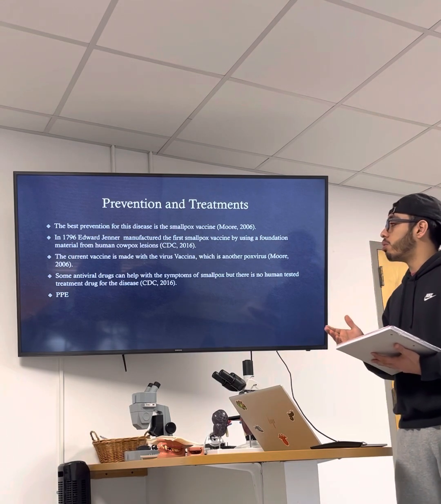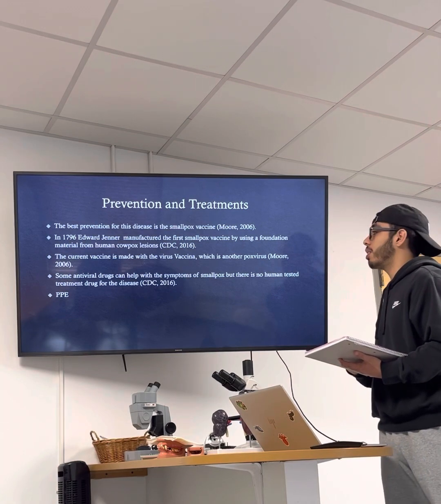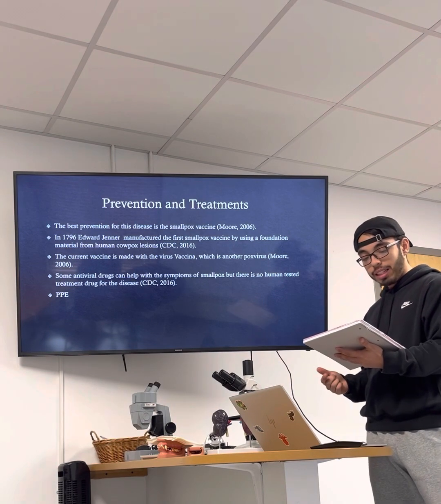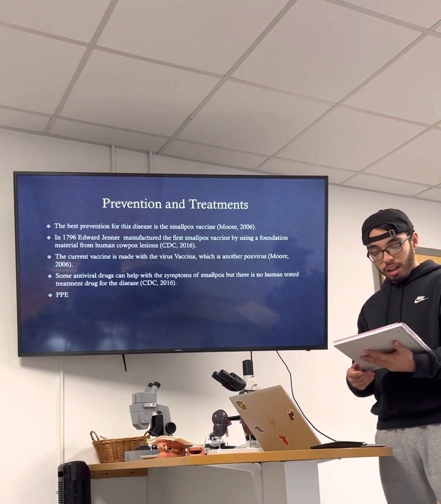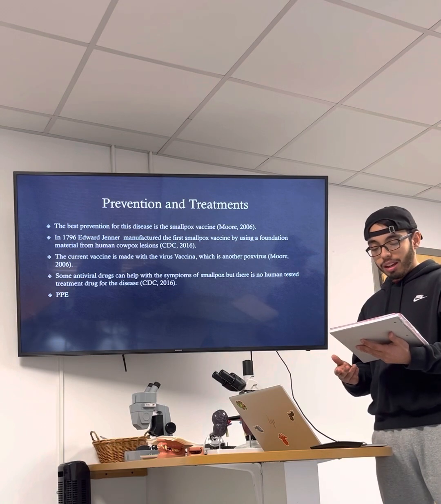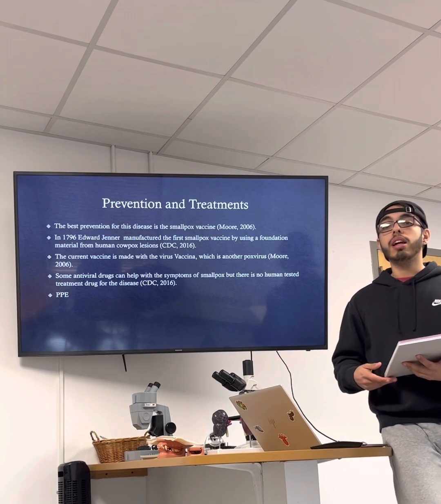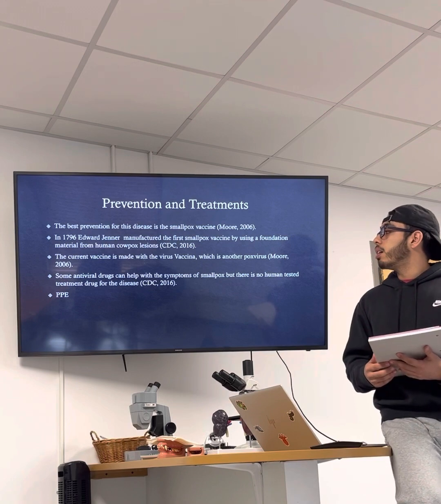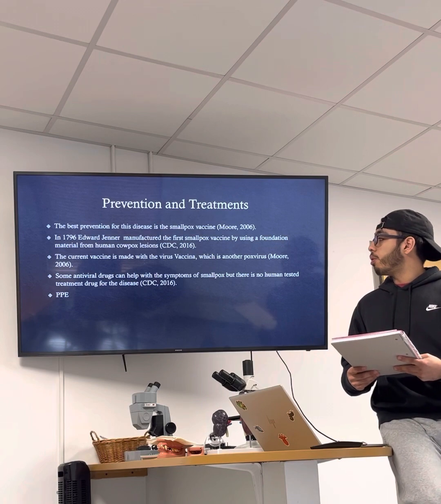There are some antiviral drugs that can help with the symptoms of smallpox, but none of them have been tested on humans. For instance, Tembexa has been FDA approved for the treatment of smallpox, but since it has only been tested on animals, they know it works on animals, but we don't know 100% if it works on people. Since we have not had a smallpox outbreak, we don't know for sure if it would work for people.